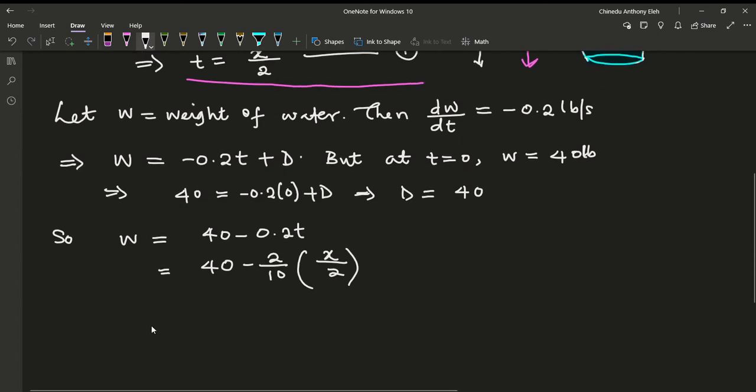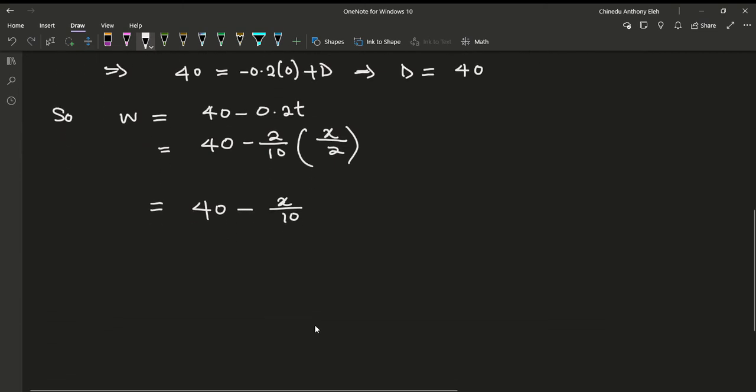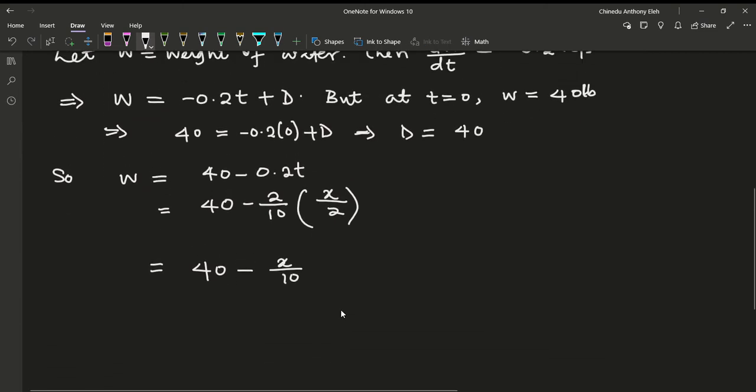So this is now 40 minus, these two cancel, we have x over 10. Awesome. So this is the weight of the water at x height above the bottom of the well.